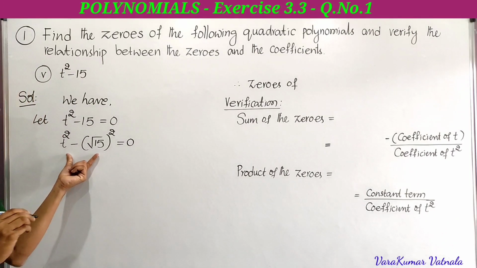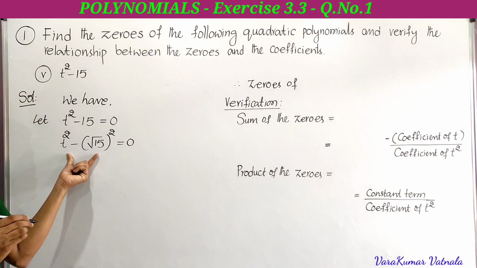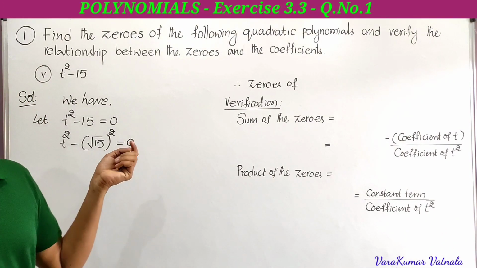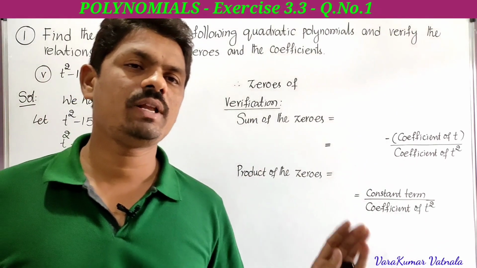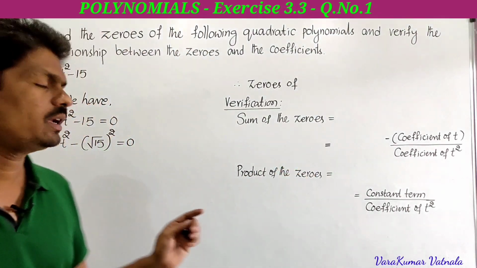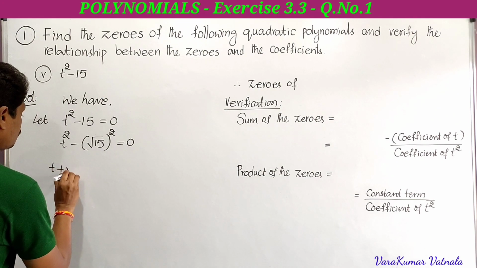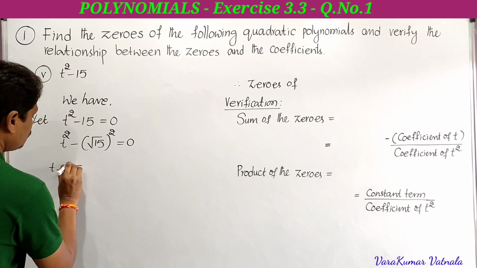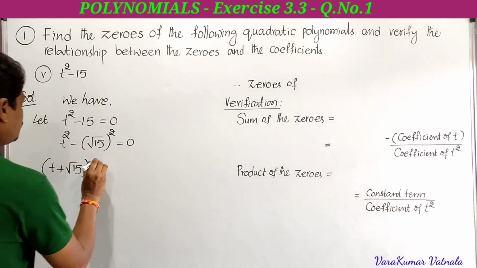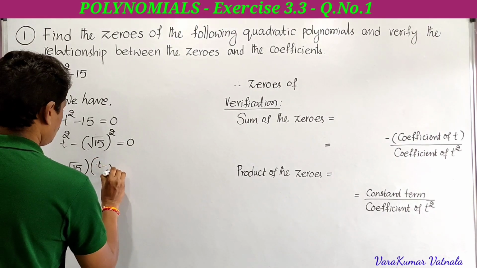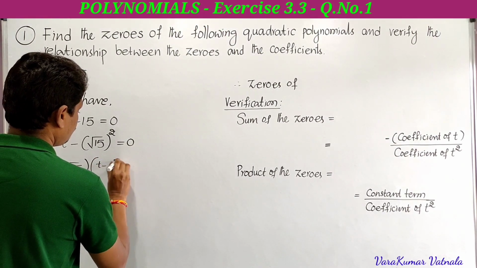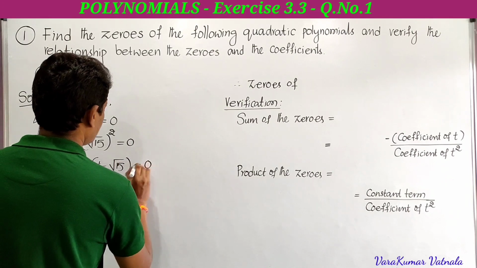So now it is in the form a square minus b square. A square minus b square is equal to a plus b into a minus b. So we can write it as t plus root 15 into t minus root 15. So it is in the form a plus b into a minus b.